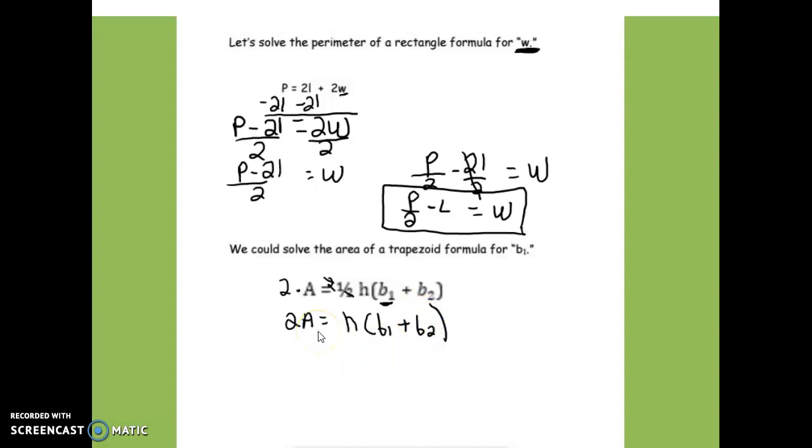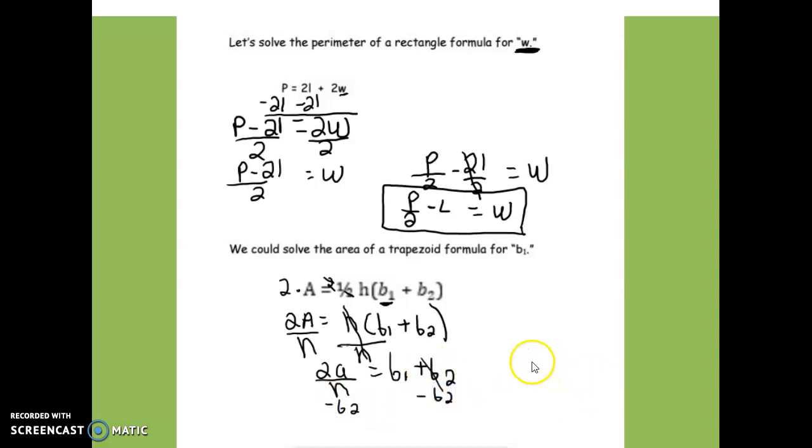Now, instead of distributing that h, what I could do is divide it out, right? H's cancel. So I'm going to have b1 base 1 plus base 2 is going to equal 2a over the height. All right, so now I want to get rid of b2. So I will subtract b2 from both sides, right?